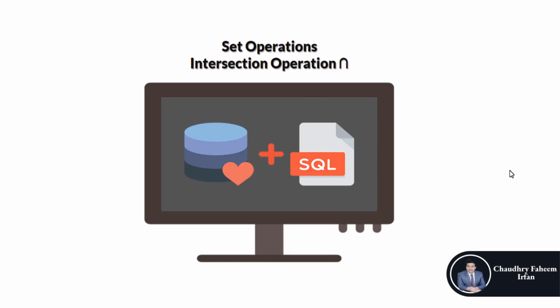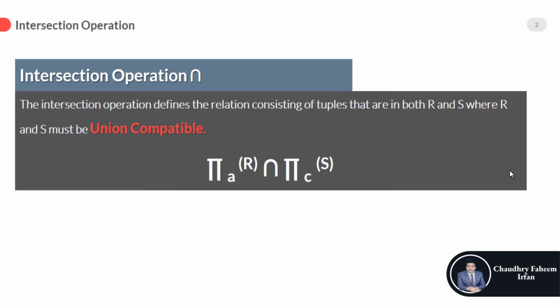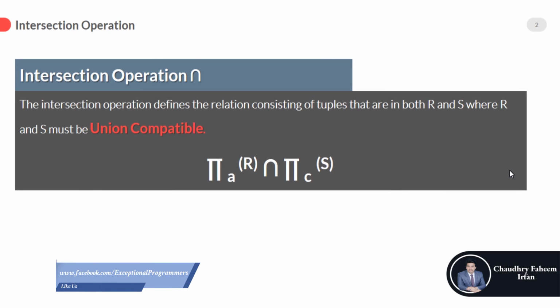In this lecture, we are going to learn about the intersection operation. So what is the definition of the intersection operation? The intersection operation defines the relation consisting of tuples that are in both R and S, where R and S must be union compatible.